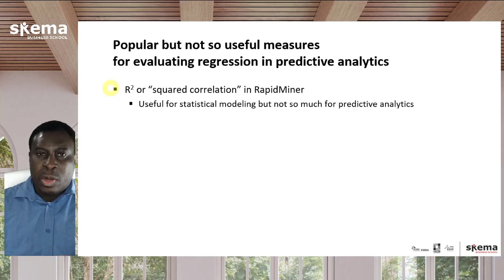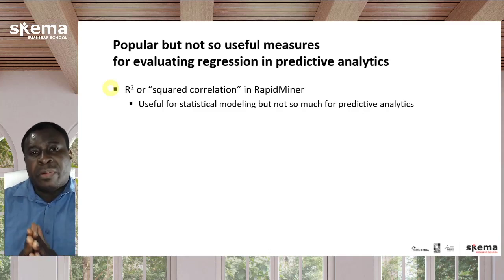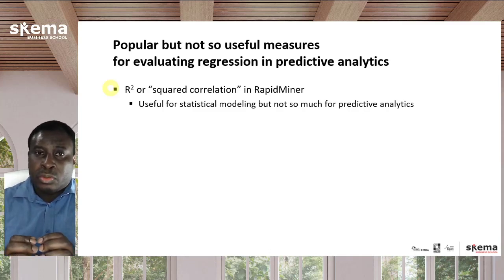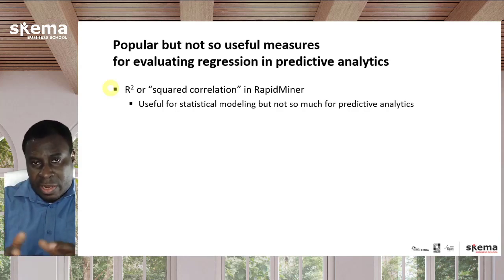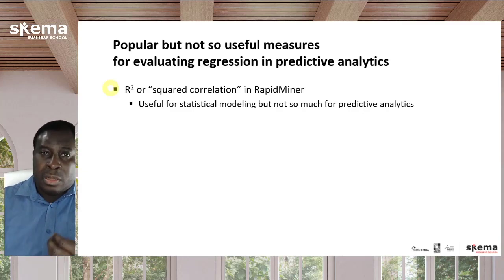In statistical modeling, you're trying to look at the fit for the existing data, and in that case the R squared really captures the variation in the entire data set. But for predictive analytics, you're trying to estimate the error in future data sets, usually simulated by test validation, and for that R squared does not make much sense. RMSE and MAE are much more appropriate measures in that case.